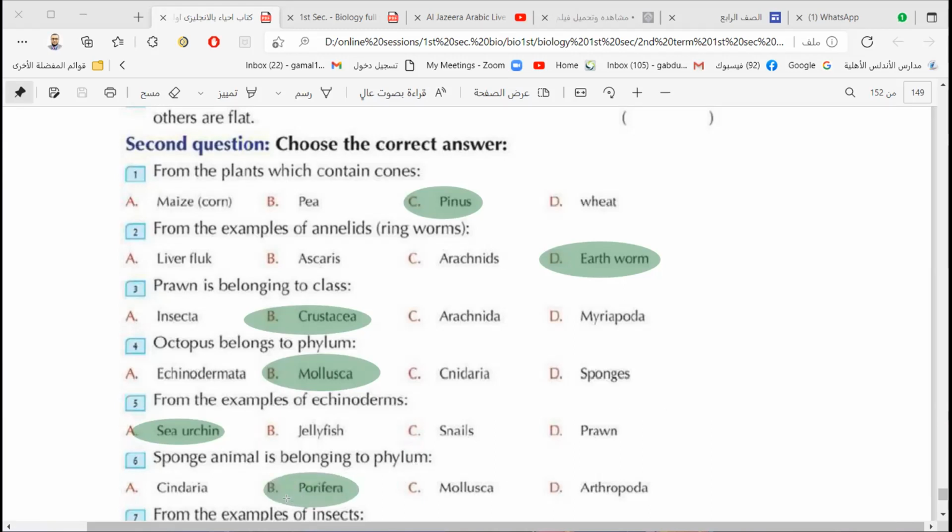B. Very good. Porifera, very good. It is from Porifera.